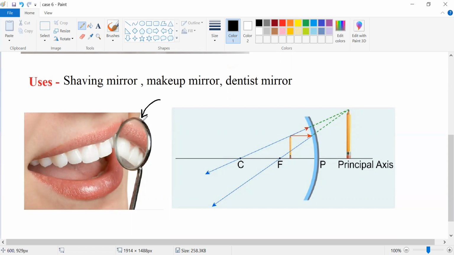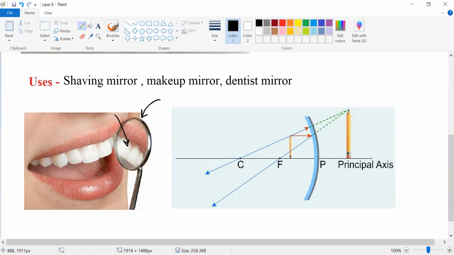Right? So in this particular case, the object, which is teeth, is placed between the pole and focus of a concave mirror. An enlarged image of the teeth can be seen inside this mirror. सेम हैपन इन अ शेविंग मिरर. शेविंग मिरर में क्यों हम कॉनकेव मिरर यूज कर रहे हैं? क्योंकि हमारे चेहरे पर जो छोटे छोटे बाल हैं, when we want to shave them, we want to see an enlarged image.